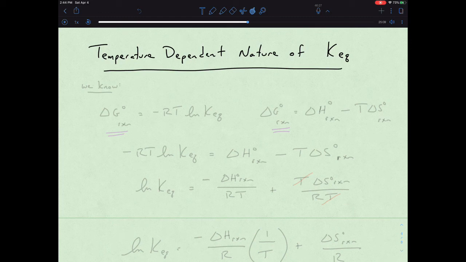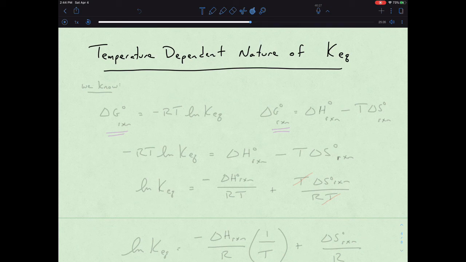We've talked about this in the past, that in order to relate an equilibrium constant to a reaction, we must make sure that the temperature of the reaction is the same temperature at which that equilibrium constant is measured. So there's a relationship between our equilibrium constant and its value, its magnitude, with the temperature.